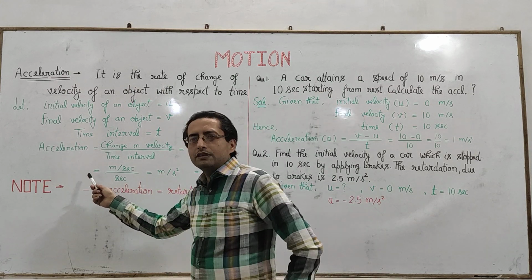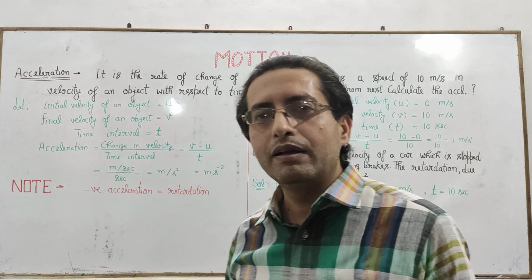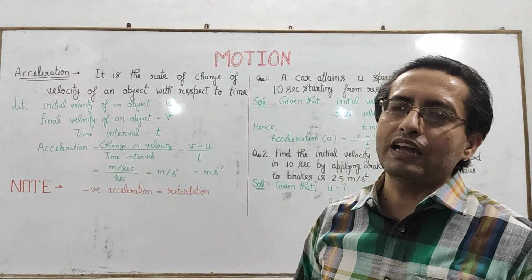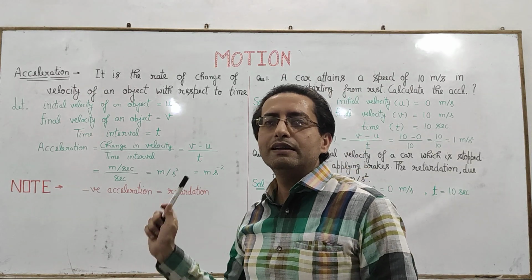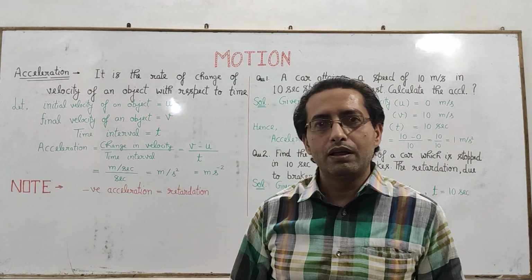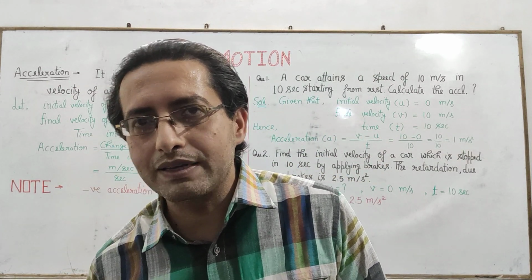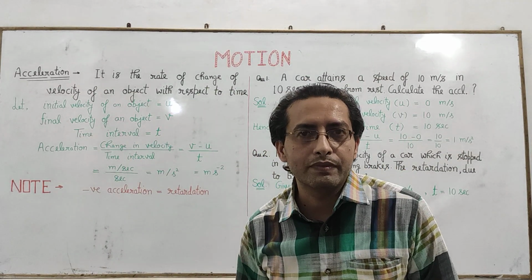If we talk about its unit, as velocity is measured in meter per second and time is measured in second, the unit becomes meter per second square. Again, a very important question: is acceleration always positive?